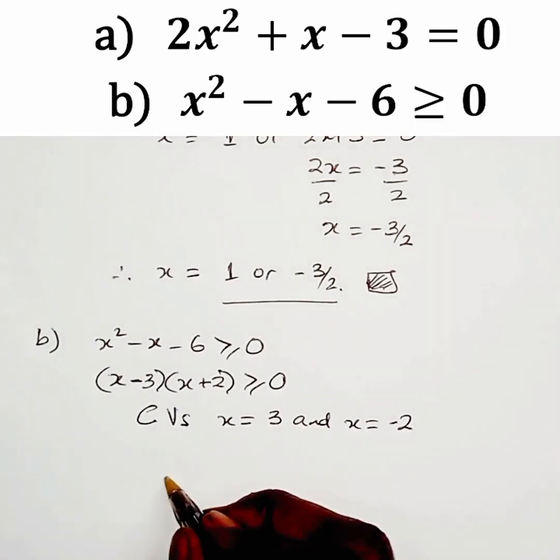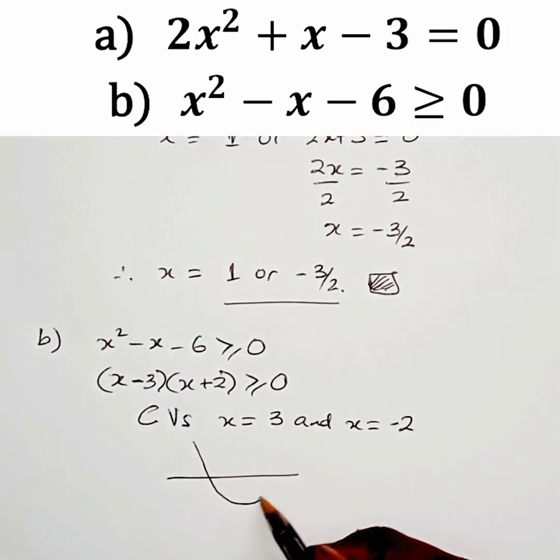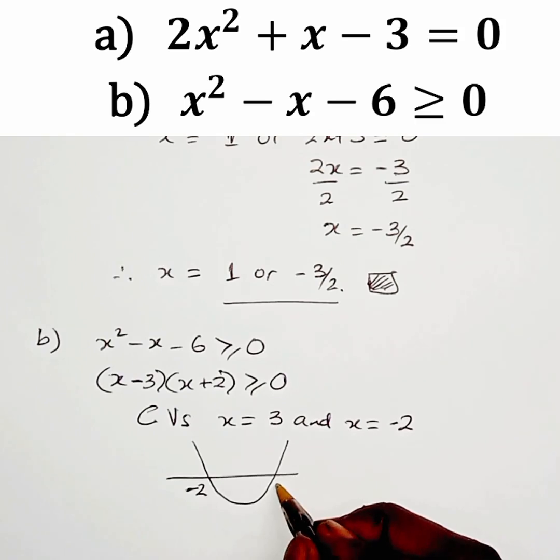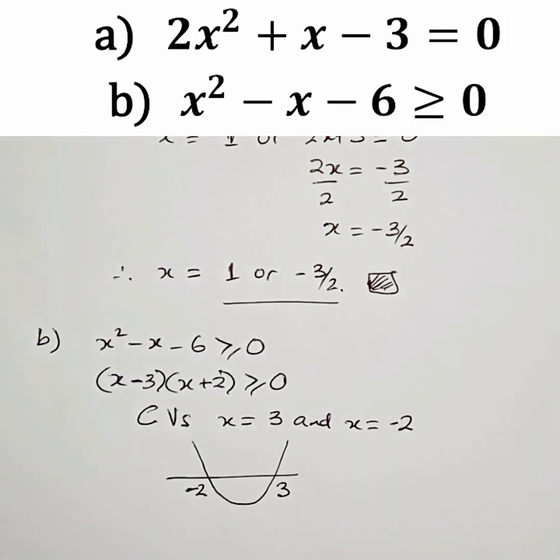Okay, so just drawing it on a number line, we are going to have such a graph in that shape, and then we have a minus 2 and we have 3 on that side. But we are looking for values of x for which y is greater than 0.